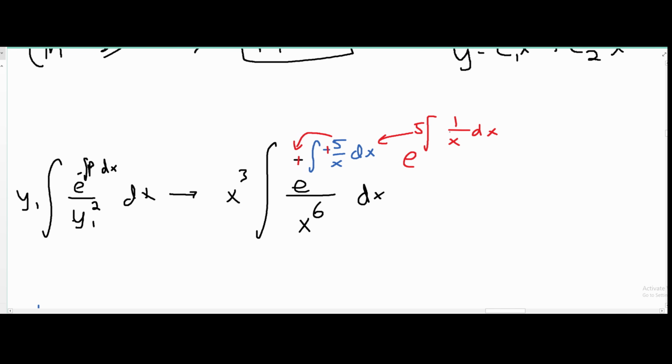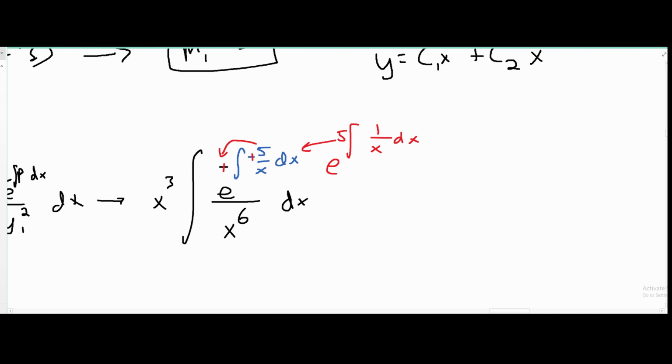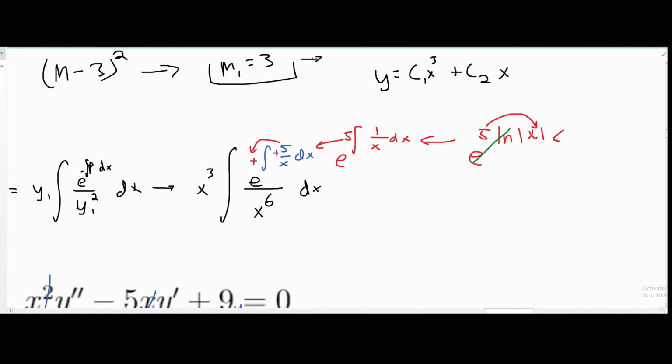And the integral of 1 over x is just ln. So again, rewriting this, we have e to the 5 ln x. This 5 can be moved inside of the ln, so it's going to be ln x to the 5th, and that allows us to cancel out our e and ln. So that means that we are just going to be left with an x to the 5th.